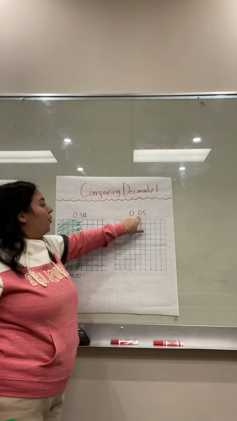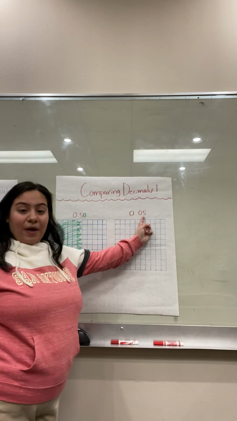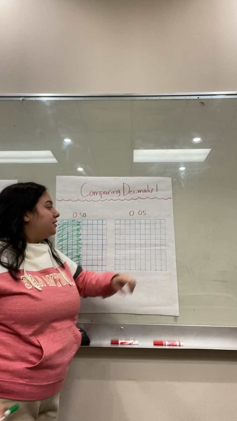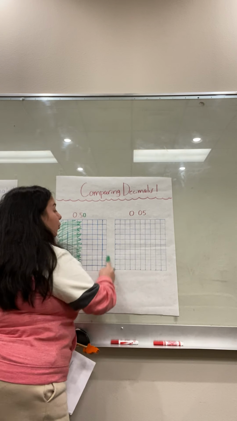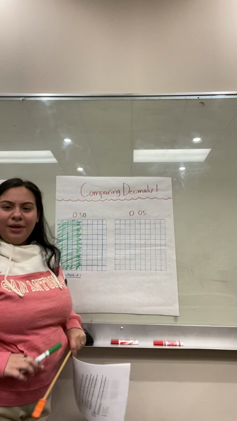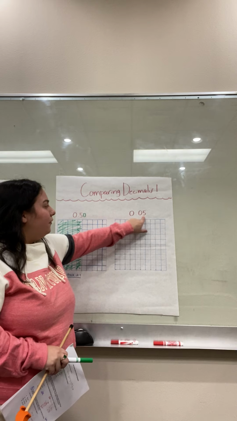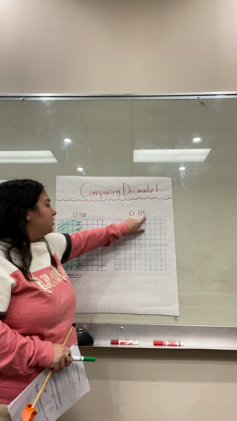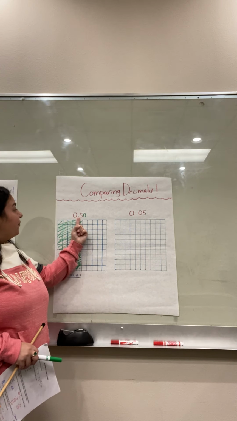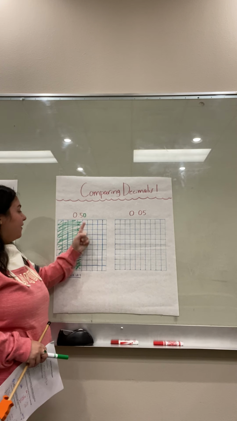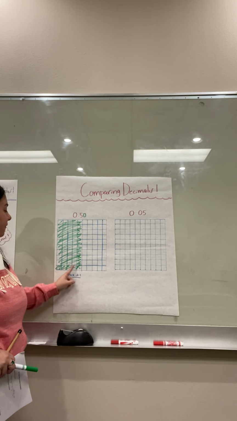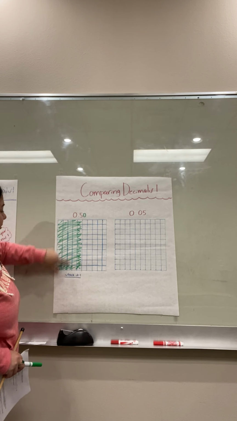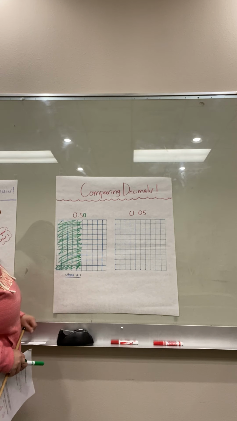We have 0.05. This 5 is in our hundredths place value. So if we have 100 squares, how many do you think we're gonna shade in of our 5 of our hundredths? Because over here we had 5 in our tenths place value. So we shaded in 5 of our tenths value, right?